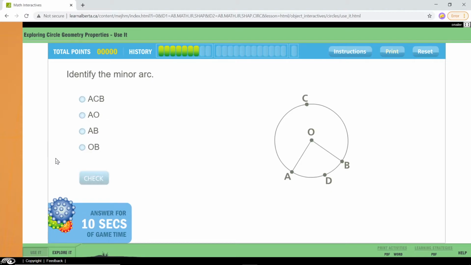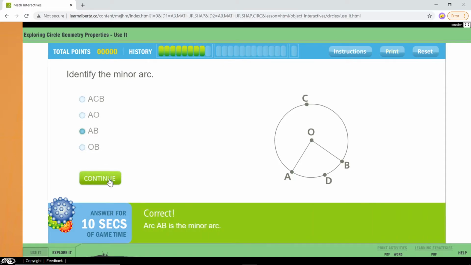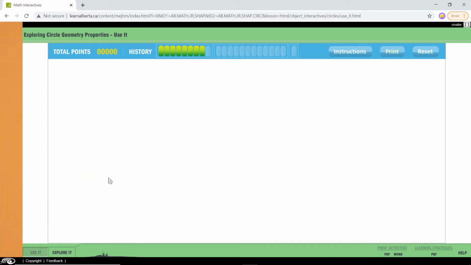Now, identify the minor arc. The minor arc is at points A and B. If A, C, B is the major arc, then the minor arc is AB. So let's continue.